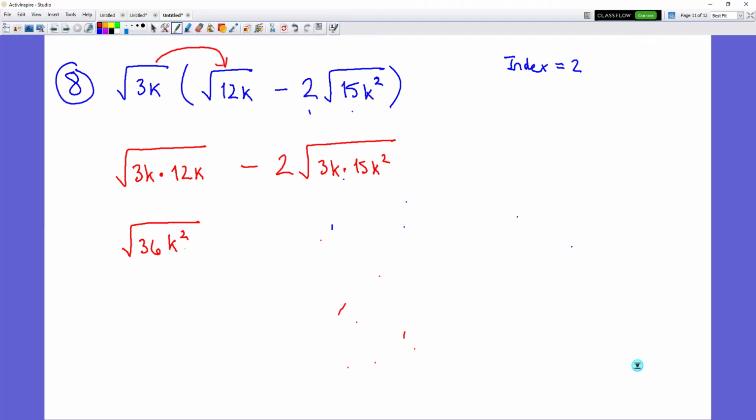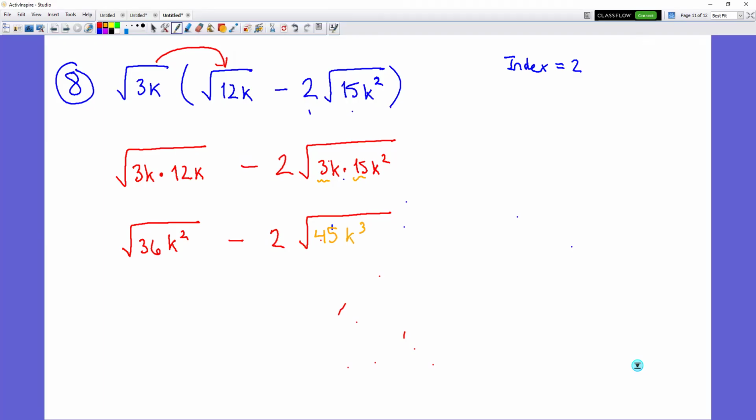So that takes care of that. Then we got minus 2. And then for the numbers on the inside of this one, we have 3 times 15. So 3 times 15 is going to be 45. And then we have a k to the power 1 times k to the power 2. Remember, add the exponents. So it's going to be k to the power 3. All right, so now this is where we are.